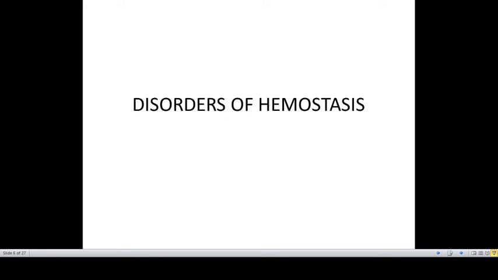Now, after learning the mechanisms underlying blood coagulation and anticoagulation, we shall now study the disorders of hemostasis.